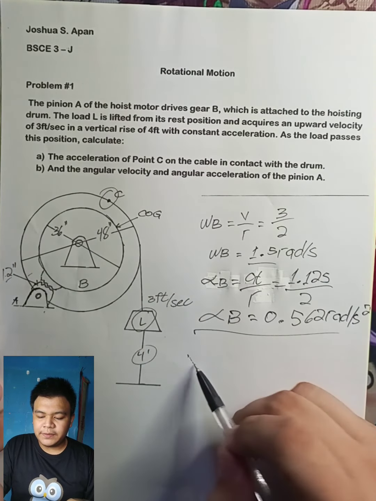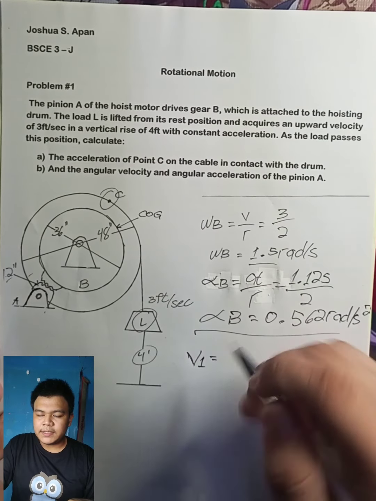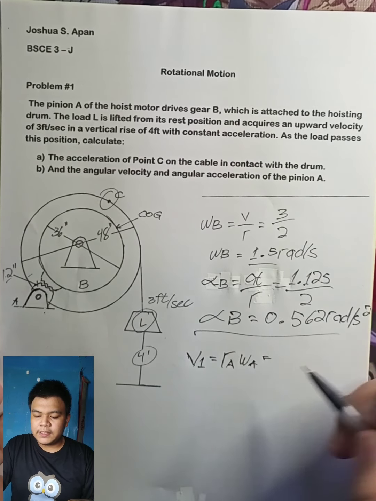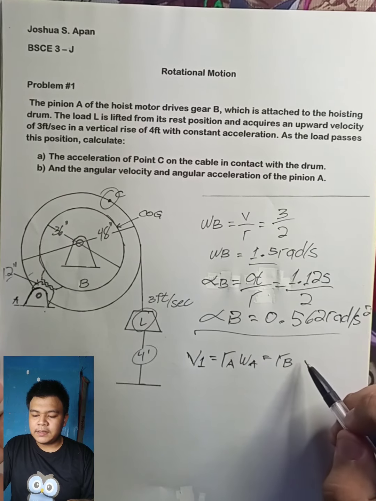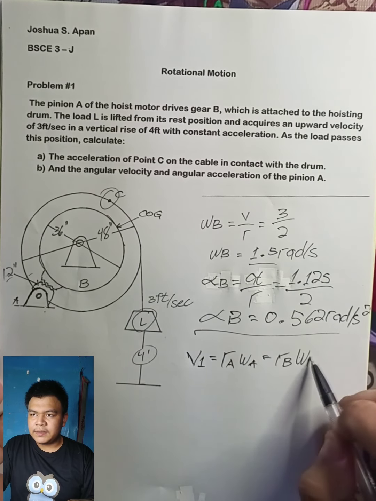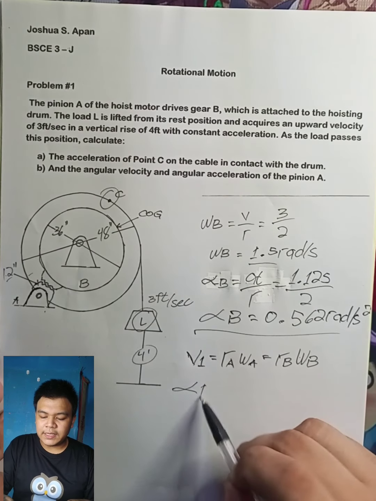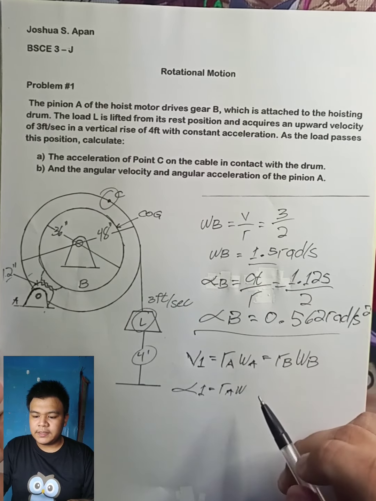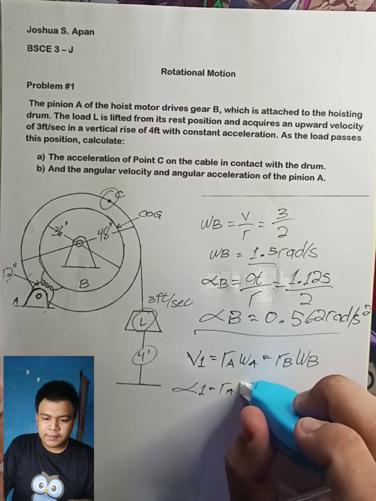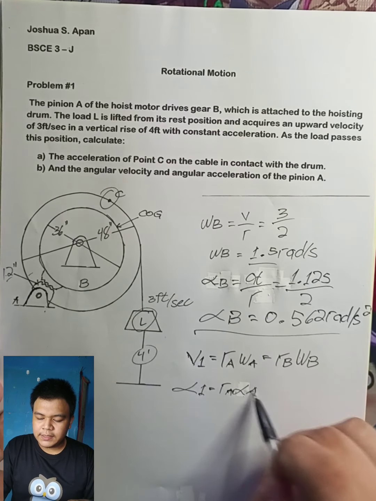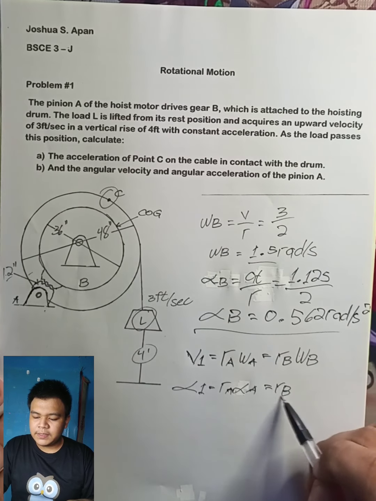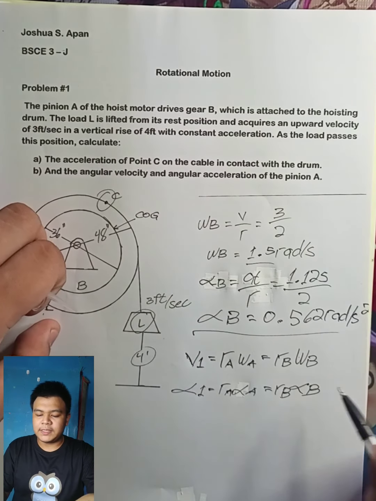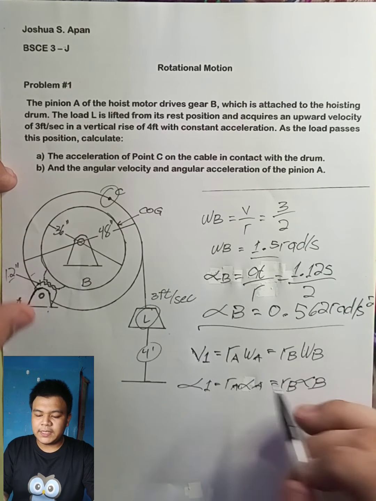So, since magkaka-connect siya, yung velocity natin is equal to radius ng A, angular velocity ng A is equal to radius ng B at angular velocity ng B. Then, sa angular acceleration, angular acceleration A is equal to radius ng B, angular acceleration ng B. So, pag tinranspose natin yan, if ang hinahanap natin is angular velocity ng A, gagamitin natin to.